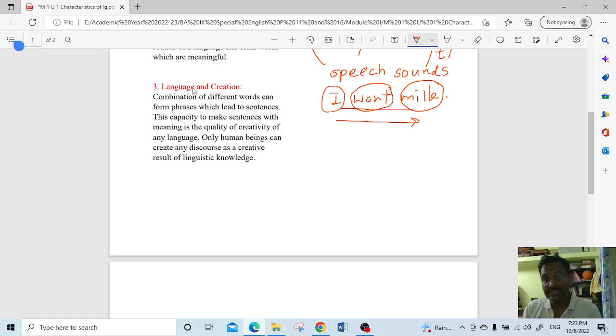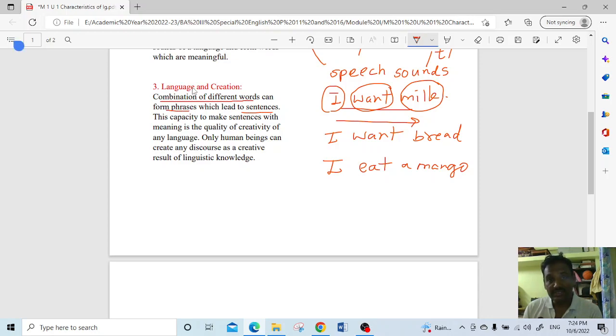So he may next time say that I want bread. He may next time say that I eat a mango. So in this way, combination of different words can form phrases which lead to sentences.